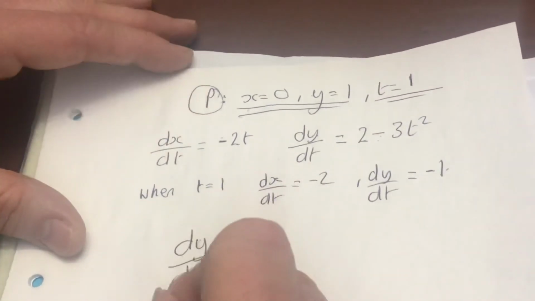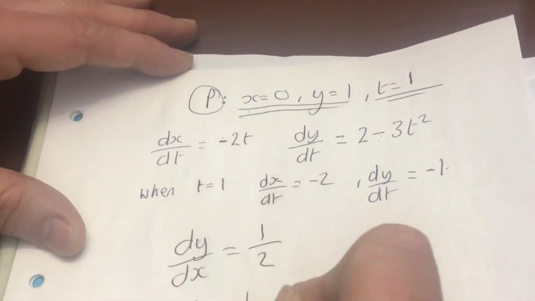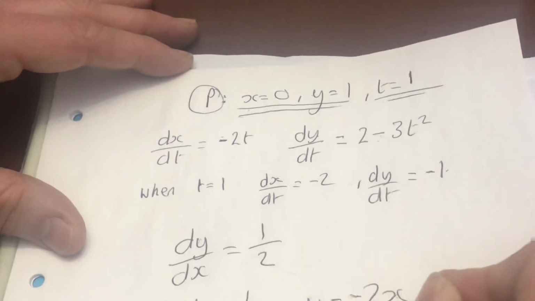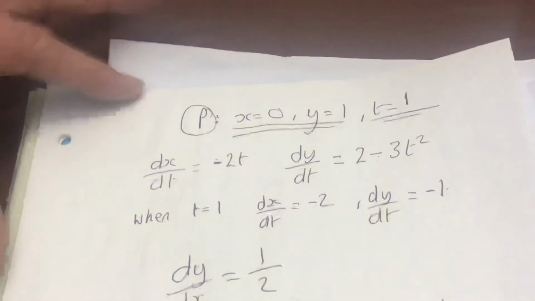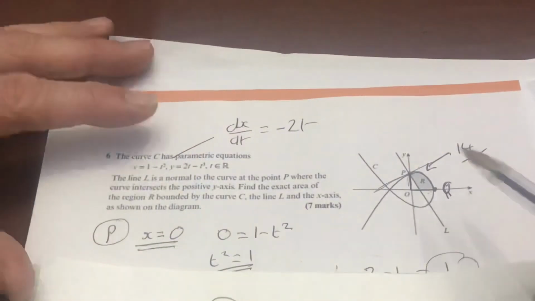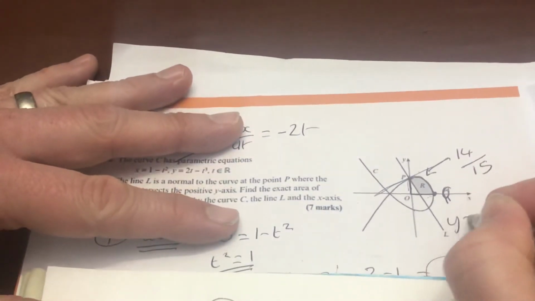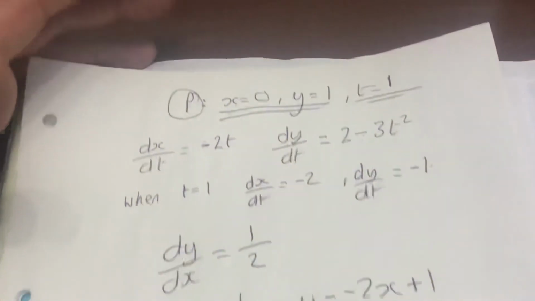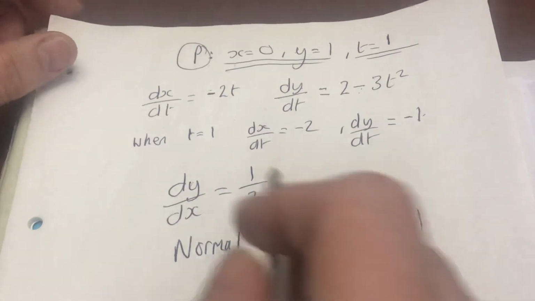So the normal is going to be y equals negative 2x plus 1. So let's look back. That line there is y equals negative 2x plus 1, and there is the working for that.